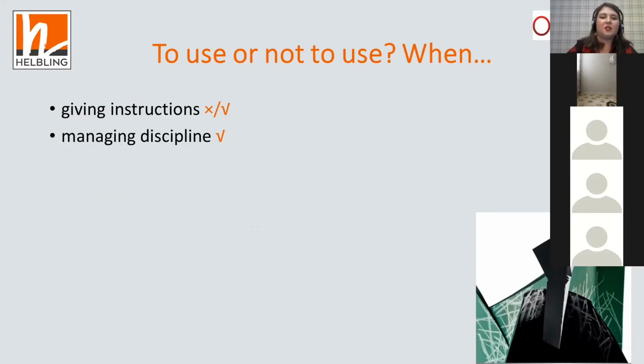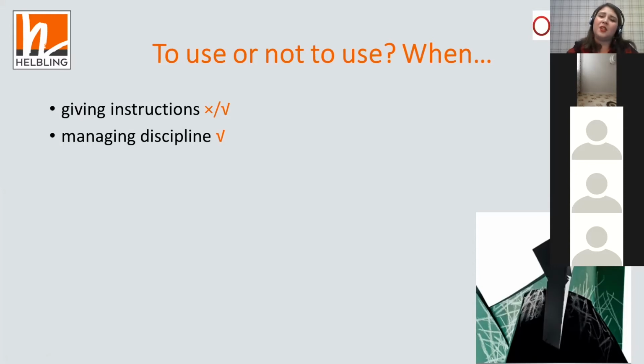Then managing discipline, yes, and then a very small cross, like yes and no, because sometimes it's really better to switch to L1 when you manage discipline, especially when you are dealing with young learners.